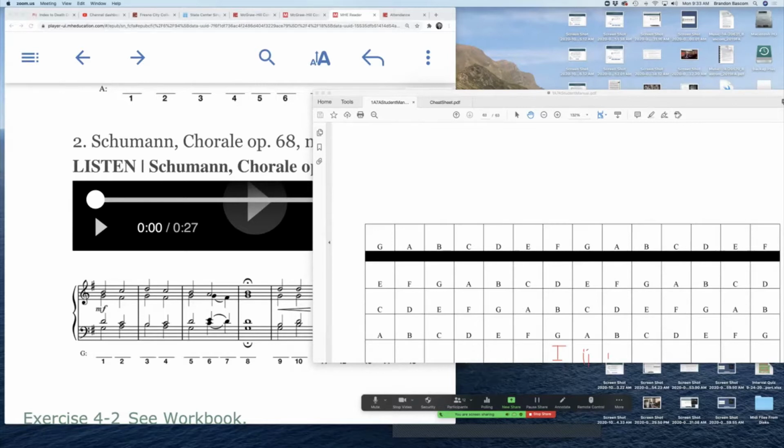B is our three. C is my four. D is my five. E is my six. F sharp is going to be my seven, which is diminished. Are there any questions on that so far? Hearing none, seeing none.